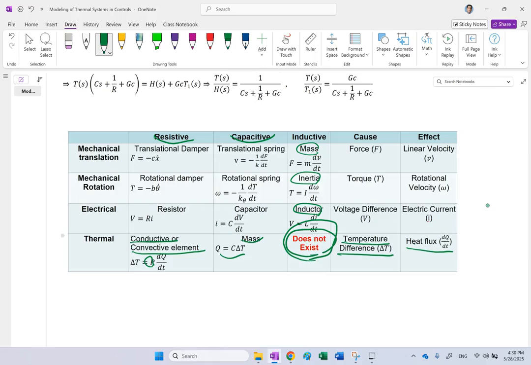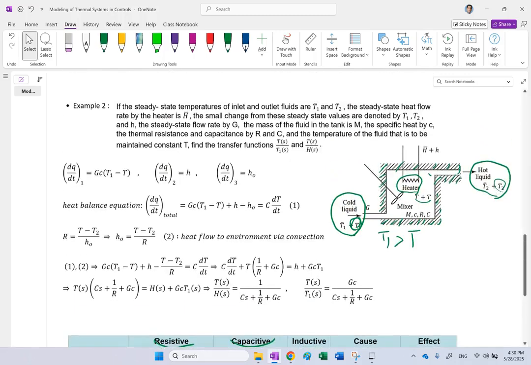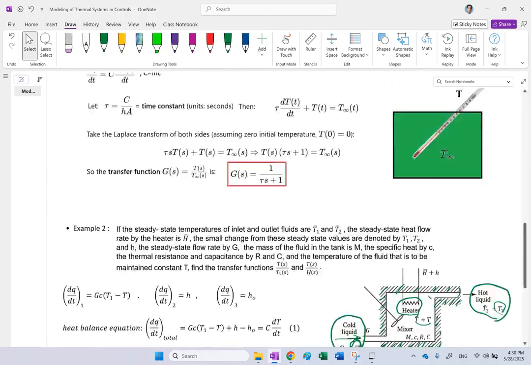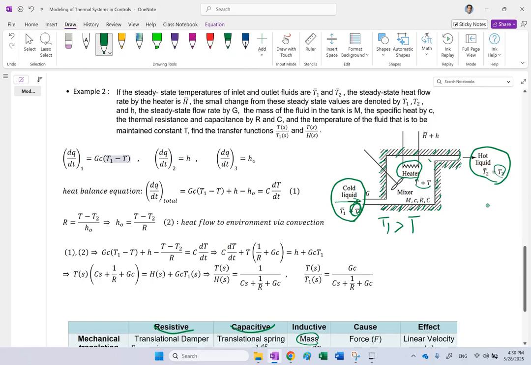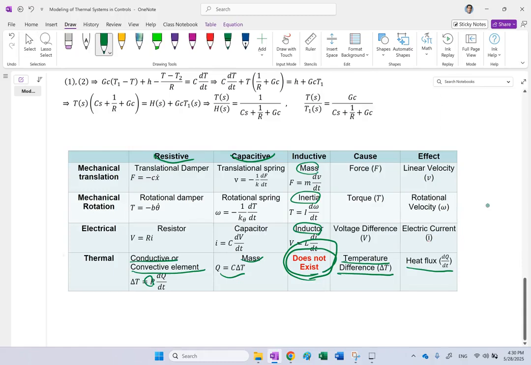If you're heating up a system, that heat is the cause and the change in temperature is the effect. But if, like this example that I said, the change in the temperature is the reason for getting a heat flux, right? Because you are inserting a fluid or anything that is hotter than the system or colder than the system, then the position can be swapped.